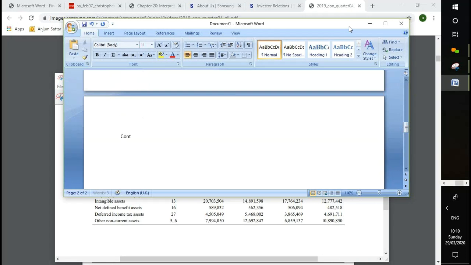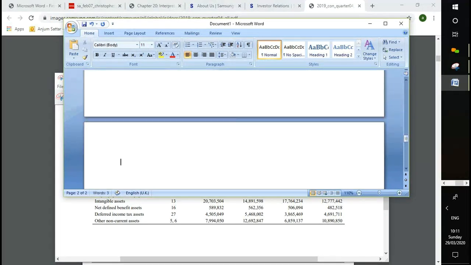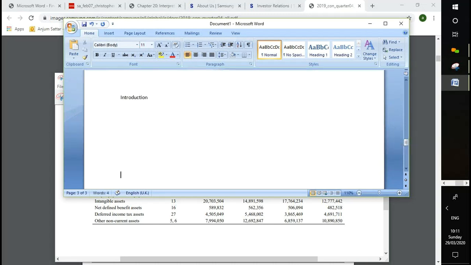Second, we can leave a content page, a table of contents. And third, we can start with a little introduction. The introduction can be about financial management or decision making, and a little about Samsung, because in this assignment we're using Samsung as the example.